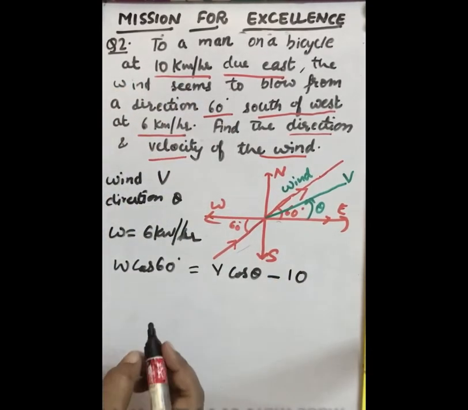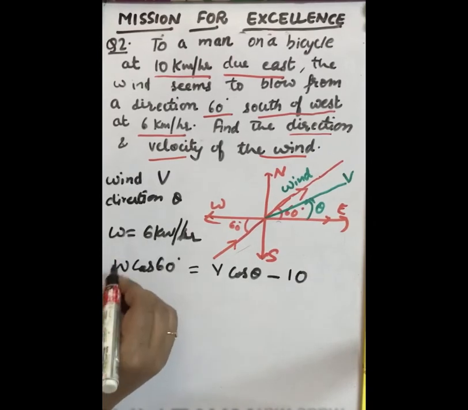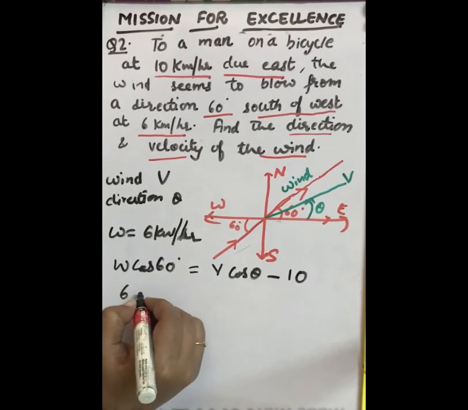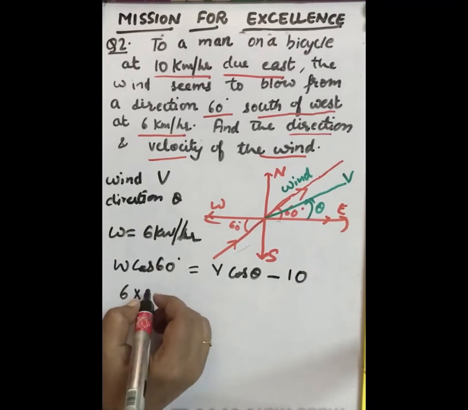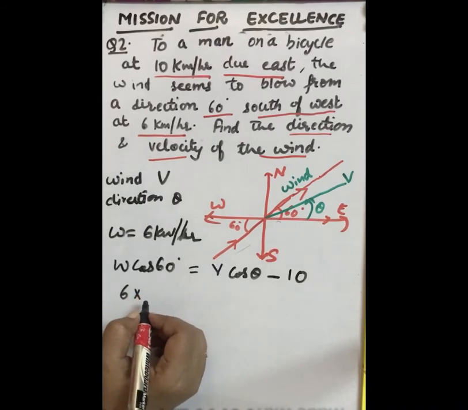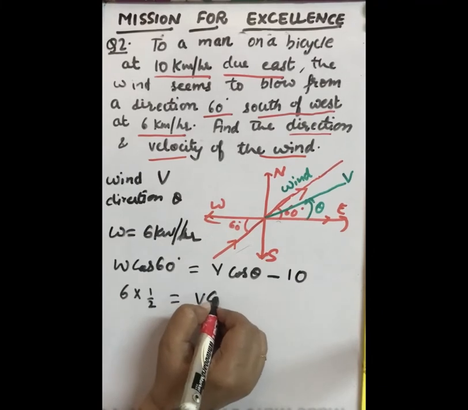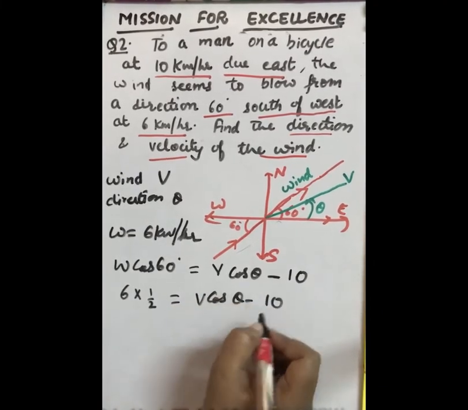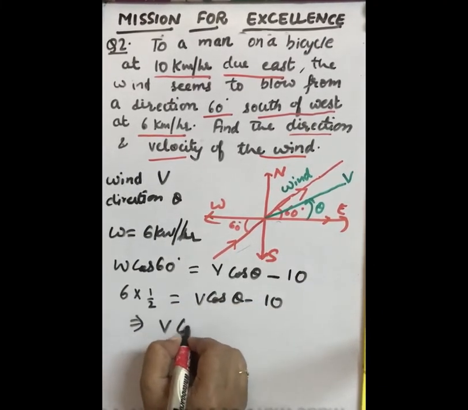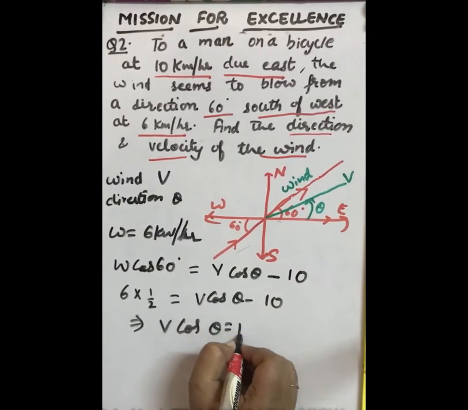Put the value of W, that is 6, cos 60 is 1/2, so 3 equals v cos theta minus 10. So from here we get v cos theta equal to 13.